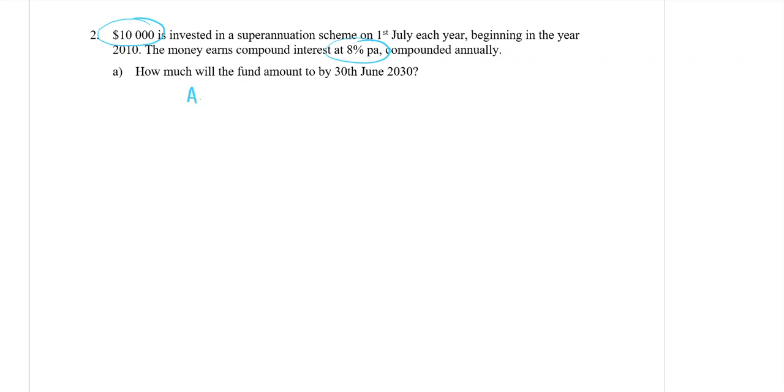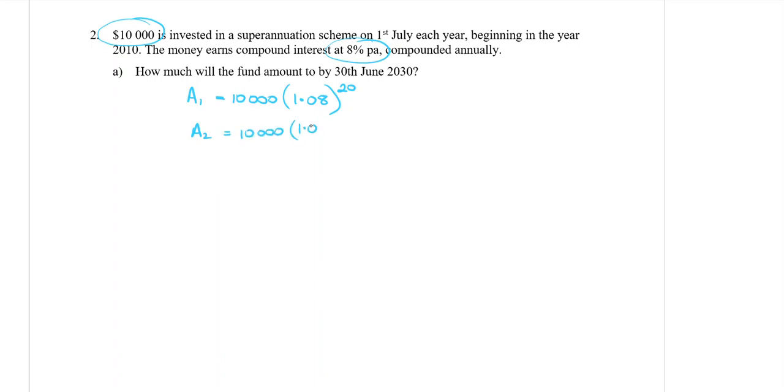Our first one, they put $10,000 in the bank. It is earning 8% interest, which we can straight away write as 1.08. That's adding the 1 with our interest rate in our compound interest formula. That will be there for 20 years. The second amount of money goes in the bank, the $10,000.